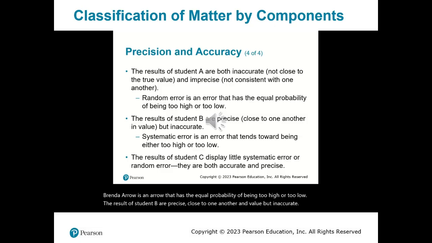Systematic error is an error that tends toward being either too high or too low. The results of student C display little systematic error or random error. They are both accurate and precise, but it has small errors, right?